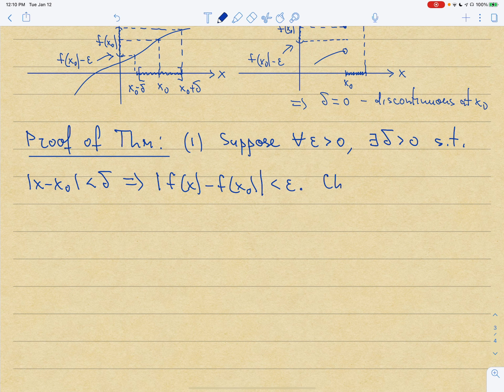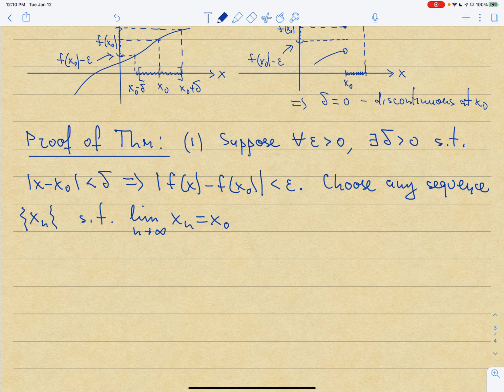Now I need to check that the definition of continuity is going to hold. So I'm going to choose any sequence xn such that the limit as n goes to infinity of xn is equal to x0.